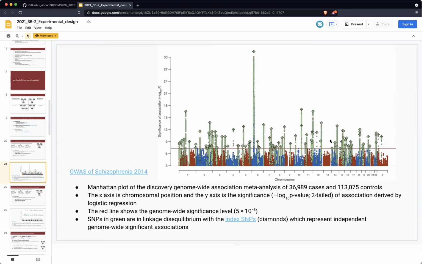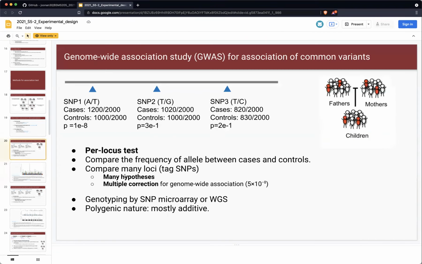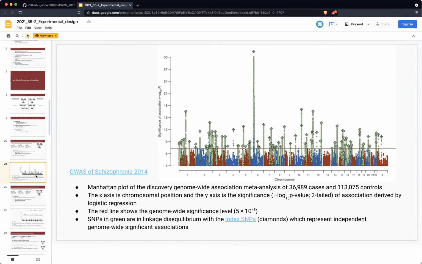But as I mentioned, we are doing multiple hypothesis testing, because we are using a large number of tag SNPs from our haplotypes, right? We are using 100,000 SNPs. So we divide the threshold by the number of hypotheses used in the testing.